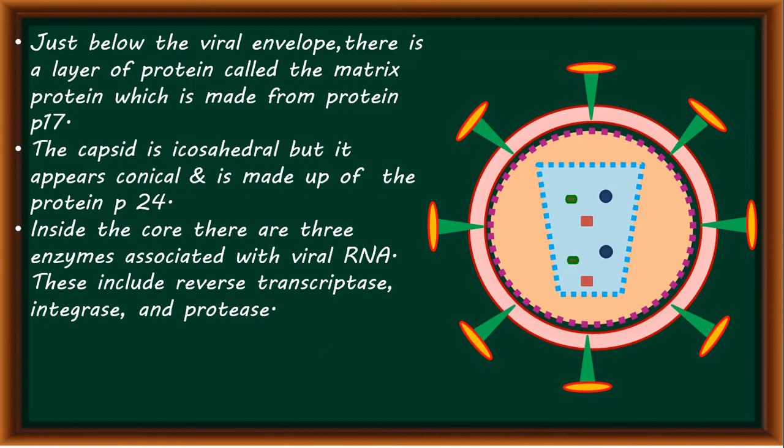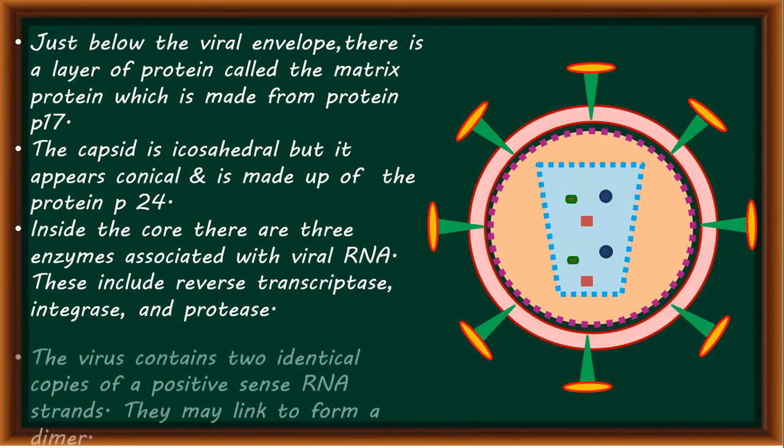That means the virus genetic material that is present in the form of single-stranded RNA is converted to double-stranded DNA by the reverse transcriptase enzyme. The so formed double-stranded DNA is then integrated into host cell DNA by the enzyme integrase.